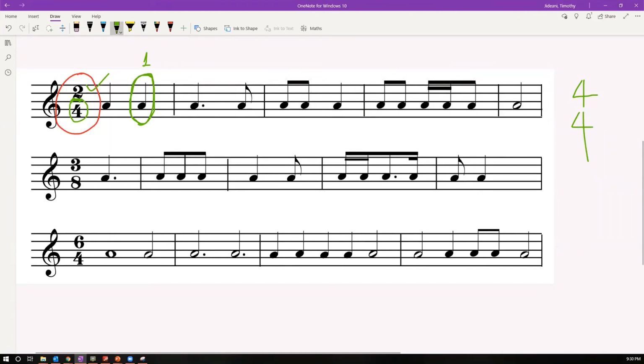So we have 2 beats in a bar. That's 2/2. Not looking with the eye, you might not tell, but we need to find out. If we don't have this information here, we cannot, to some extent, tell how many beats are in here or which of these notes tells 1 beat.